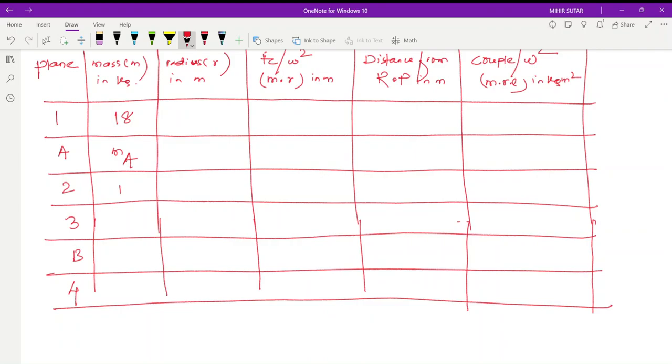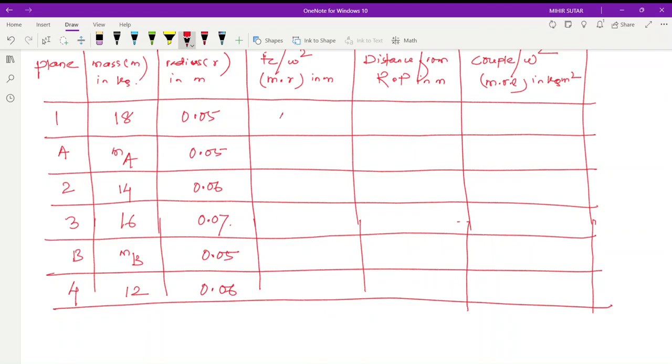MA, 14, 16, MB, 12, this is 0.05 meter, 0.05, 0.06 meter, 0.07, then this is also 0.05 meter, this is 0.06 meter. Okay.